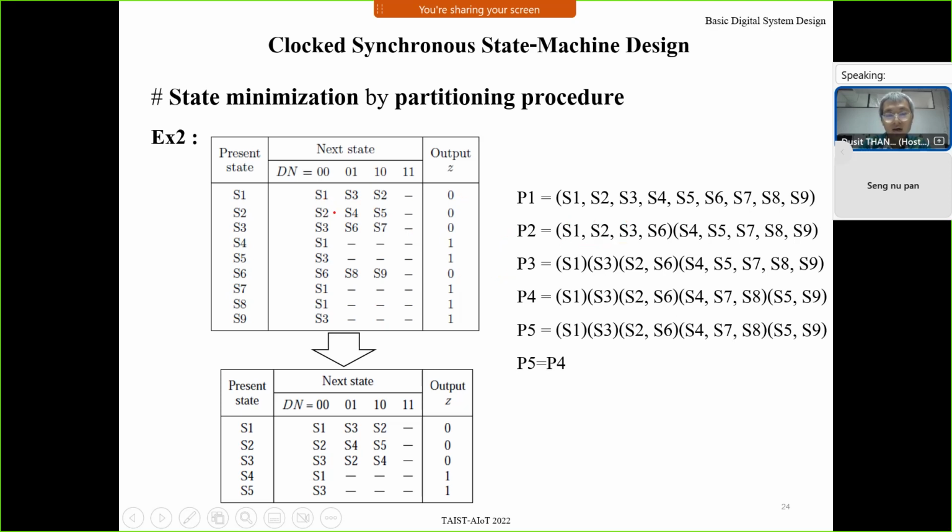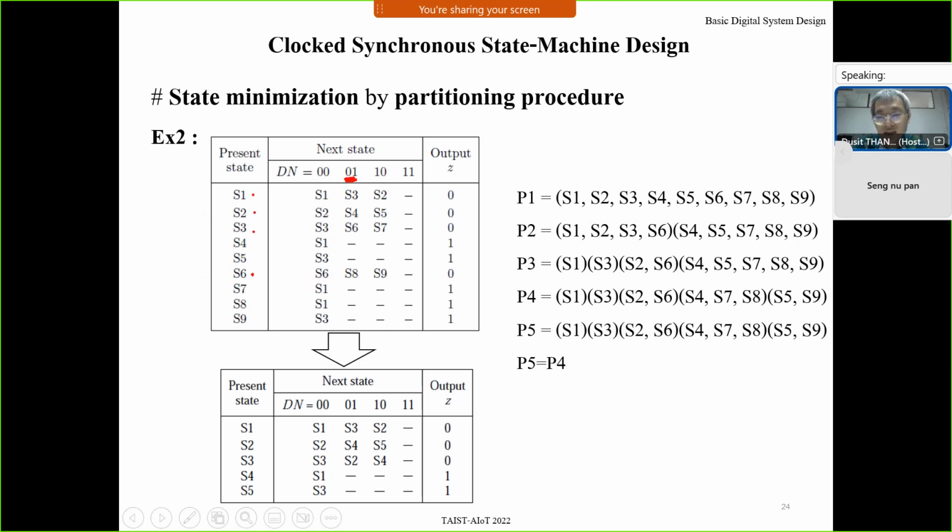For example, S1, S2, S3 and S6, right? The next state when input is 00 is 1, 2, 3, 6. Let's check. Okay, 1, 2, 3, 6. The same group. For now it's no problem, right? For the input, right? But you must take all possible inputs.